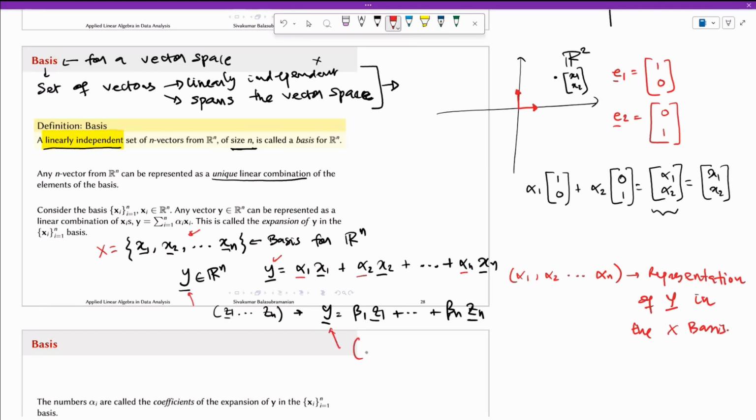Here, y would be represented by beta 1 to beta n, and these two, of course, will not be the same. Y, the reality, is the same that we're talking about. It's just our representations are different. Like the difference between 11 or 1011, decimal versus binary. That's the idea.